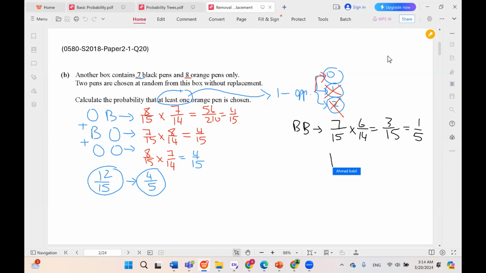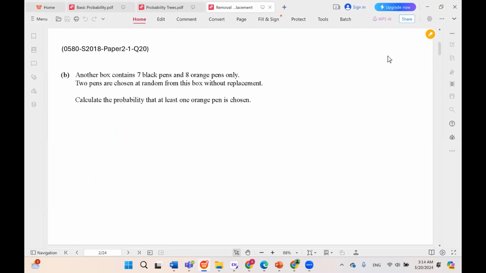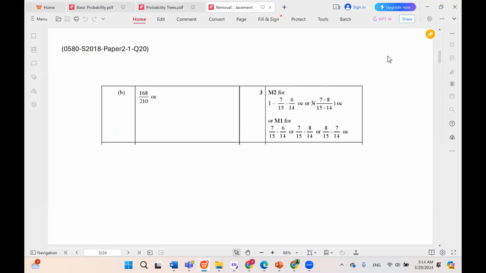And then you would do 1 minus the answer, and you would still get 4 over 5 as a final answer. Of course, this is much faster than the first way with which we solved the problem. So as a keyword here, it's a good idea to use 1 minus when you have the word at least.